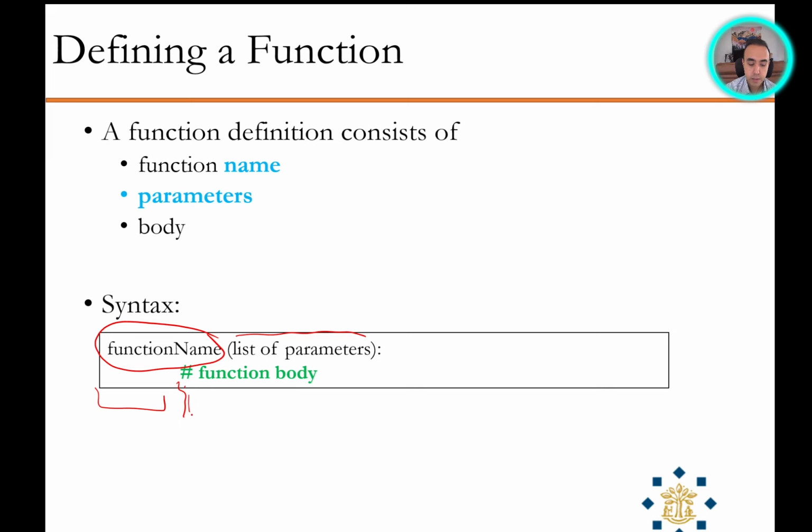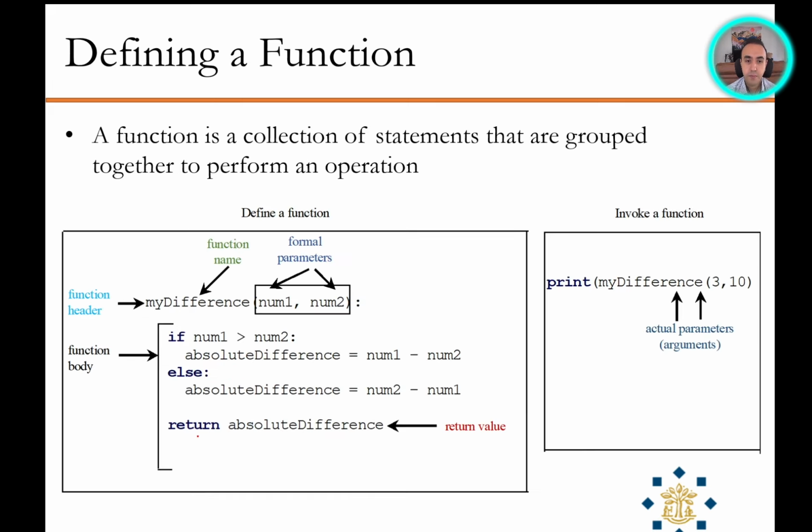You write the statements. Okay, here it goes. So you have my difference, num1 and num2. So this is the function name, and these are the formal parameters. And then inside we have the function body, and this is the return value.